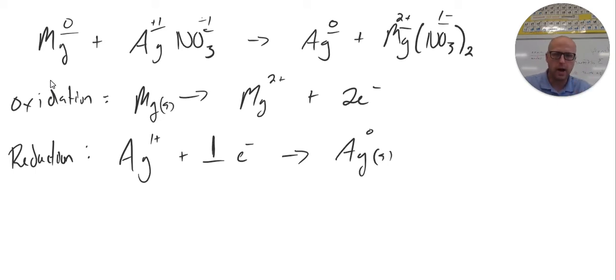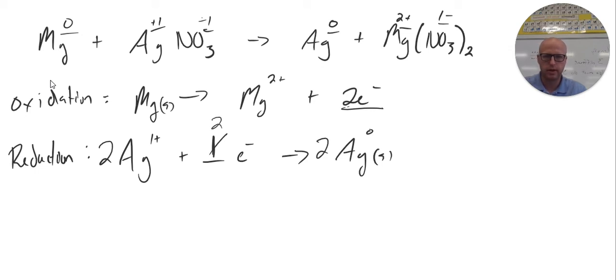Okay. Now, if we look at this half reaction here, are my electrons balanced? Magnesium is producing 2 electrons for every 1 magnesium ion, and silver only needs 1 electron per silver ion. Okay, so our electrons are not balanced in this case. So we want to multiply this bottom one by 2. I need 2 silver ions. That'll need 1 electron each, or 2 electrons total.